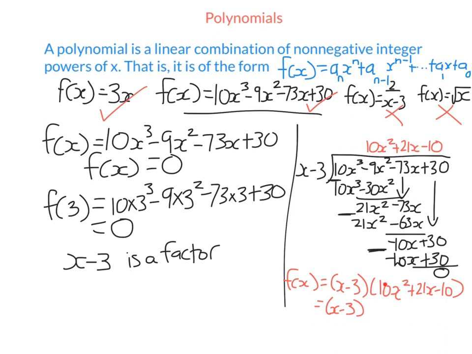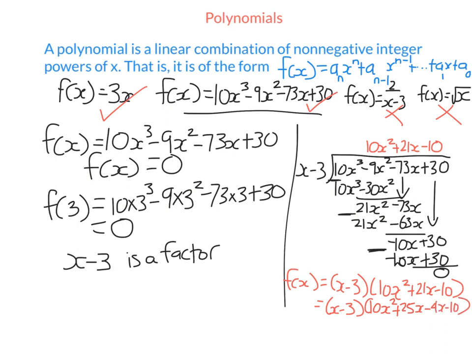So the AC method, we times a by c, we get minus 100. We now need to find two numbers that multiply to negative 100 and add to 21. So those numbers are actually 25 and minus 4. So we split up the middle term into 25x minus 4x.